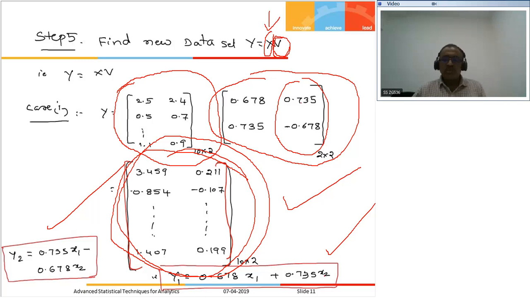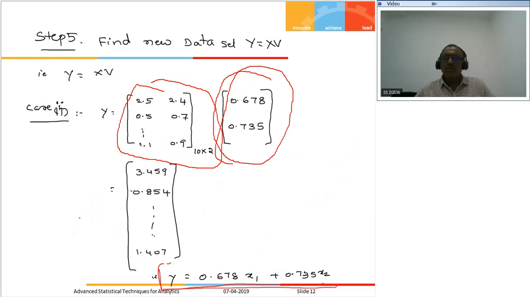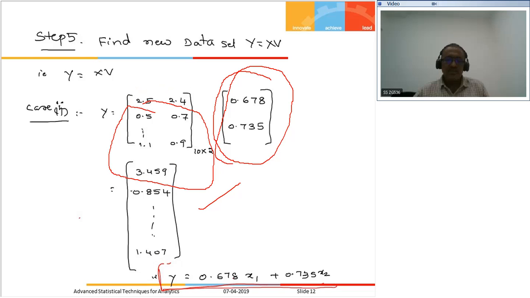Suppose we don't want to go with two dimensions. Then we have the original data set given, and this is the one-dimensional transformation matrix corresponding to the first eigenvalue, that is, the first variable given in the problem. So now we have reduced the dimension.